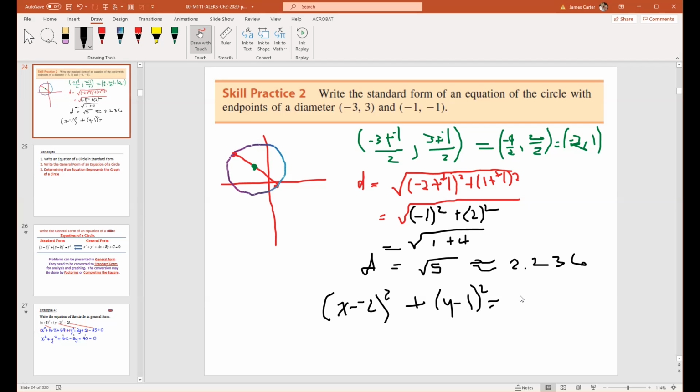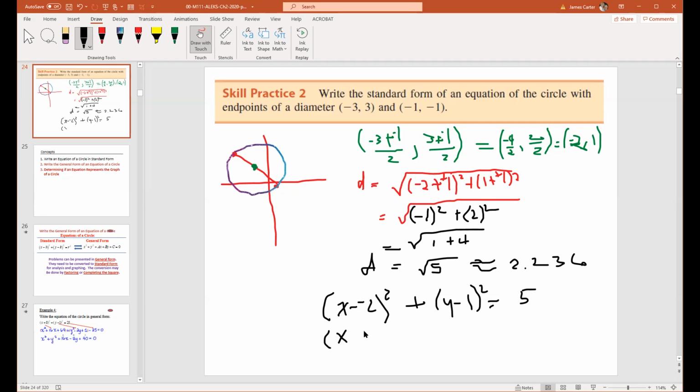It's 5. 5 is that thing right here squared. So let's simplify this and we'll have our final answer.